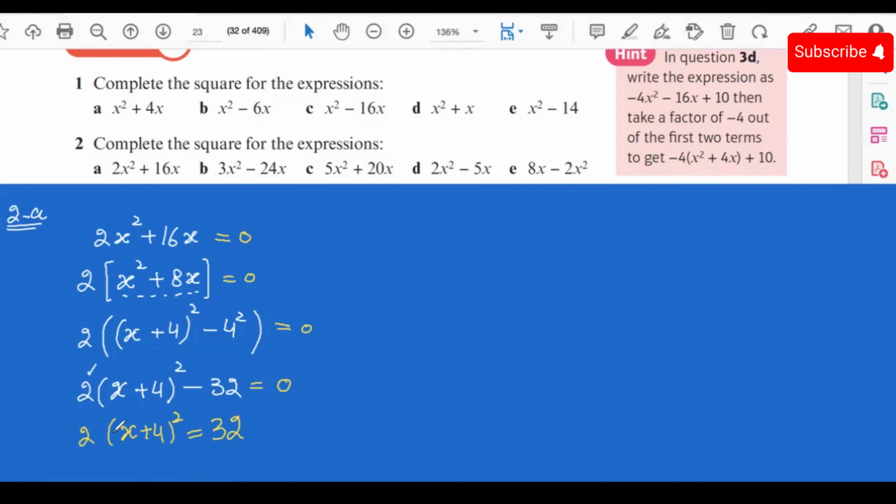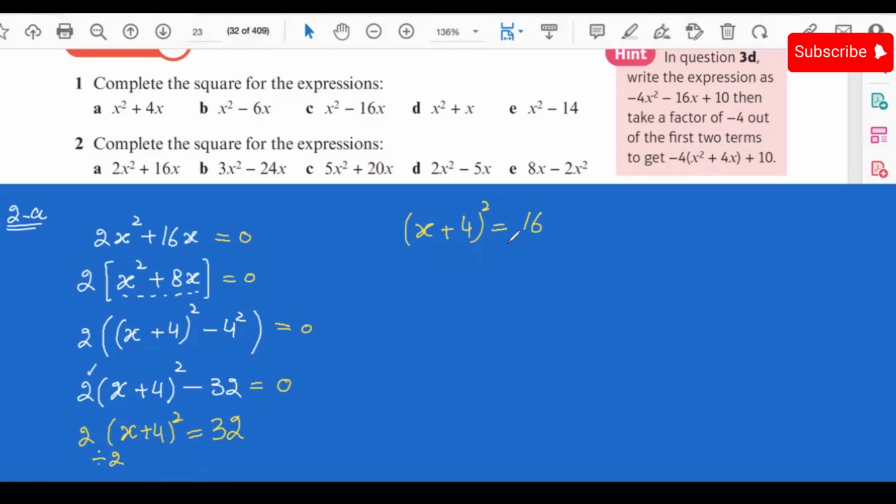Now, 2 is multiplying with (x plus 4) squared, so we will divide this equation by 2 and we are left with (x plus 4) squared equal to half of 32, which is 16.